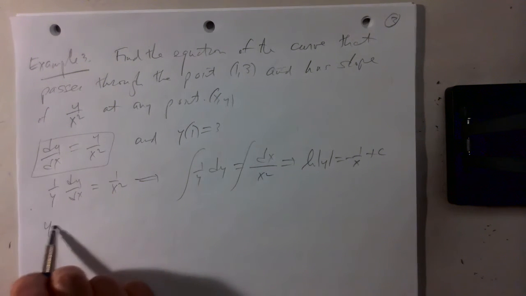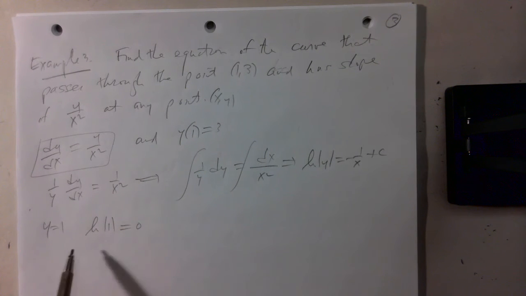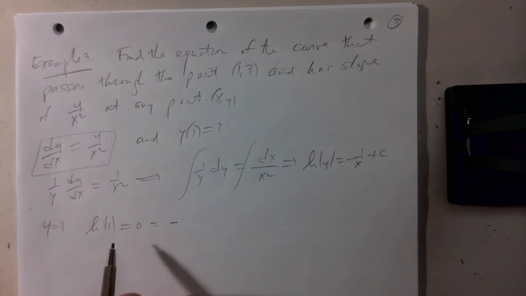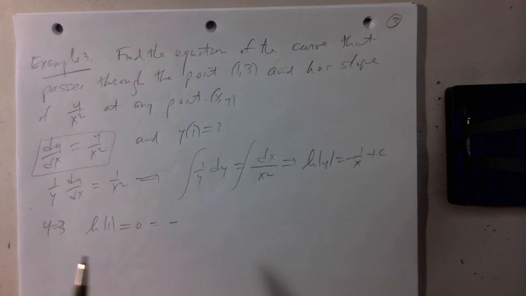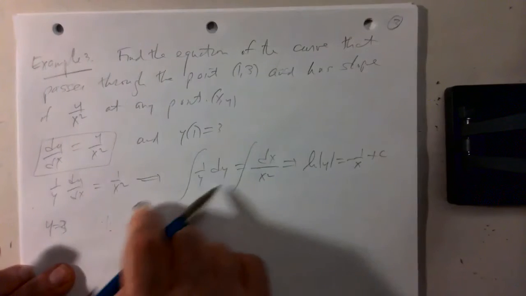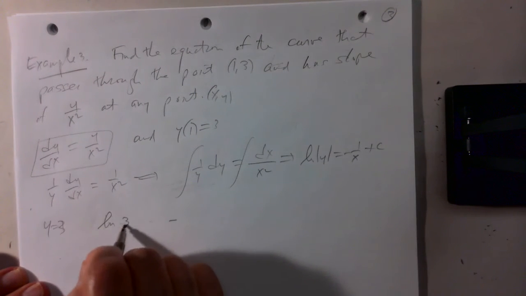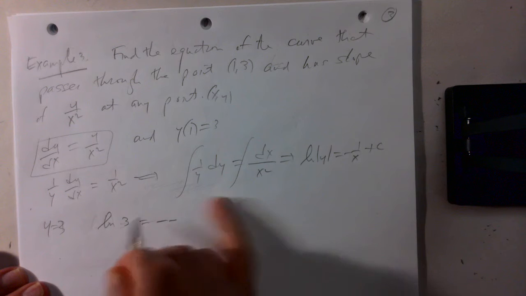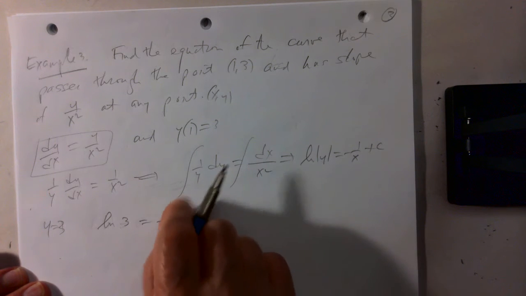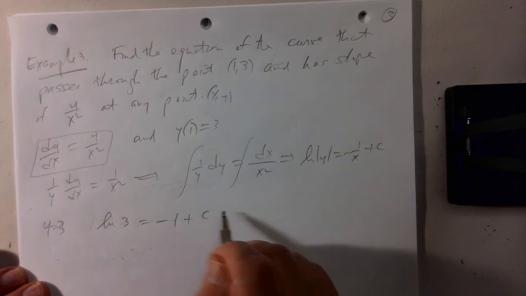If I let y equal 3 and x equal 1, the log of 3 is minus 1 over 1, minus 1 plus c.